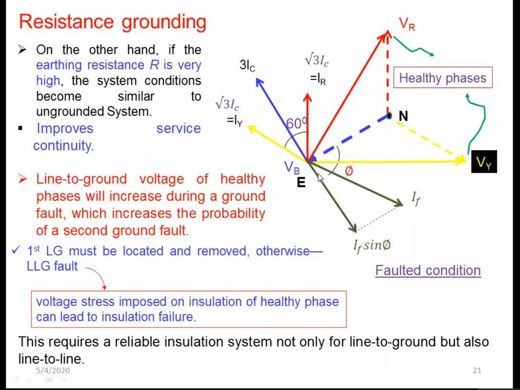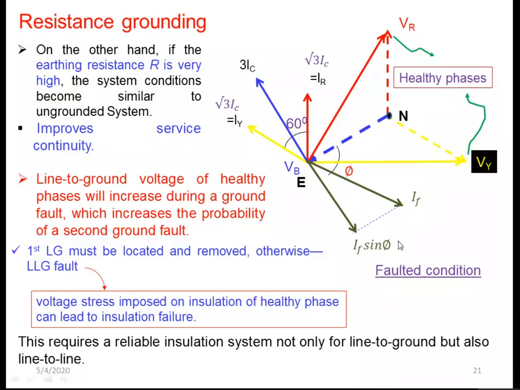grounding, there would be a phase shift between the fault current with respect to the fault voltage of the phase here. And if I consider that this is the phase angle between the fault current flow and the fault voltage for the faulty phase, then we can have the component of this current drawn, and it is now I sine phi.